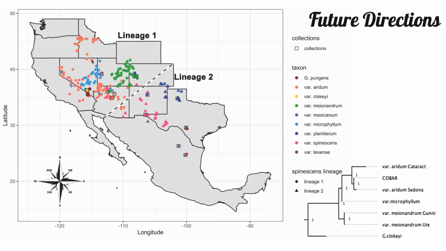I only thought, okay, I got to get here, I got to sample this, then I got to go to Texas, then I got to do this. So I don't have samples representing the northernmost extent of the range, or in here. A great future direction would be to sample more robustly throughout the Western United States, and see if aridum has some pockets of things, and basically see how these all come out once you have more populations.